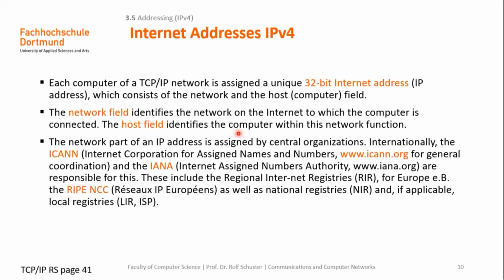To distribute the authority to assign IP addresses to each interface, the Internet has a central organization called ICANN, Internet Corporation for Assigned Names and Numbers, and IANA, Internet Assigned Numbers Authority, that are responsible for this.